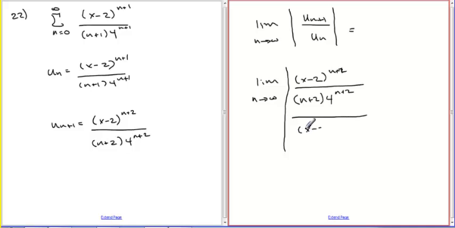And then we have u sub n. Let me fix that up there. It's a little confusing. Okay, so then u sub n has all the n plus 1 terms.